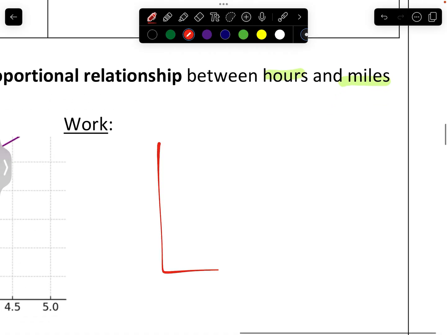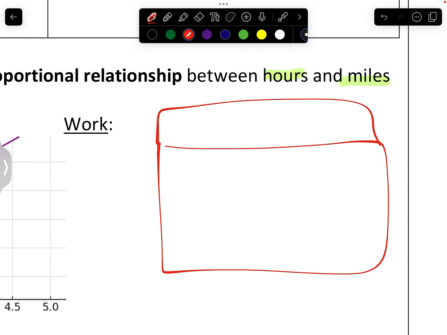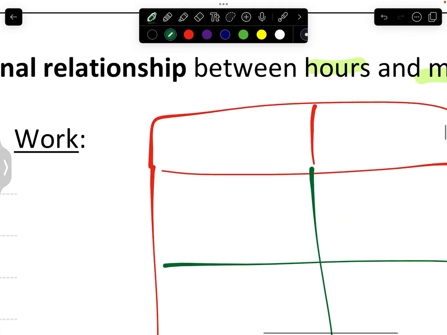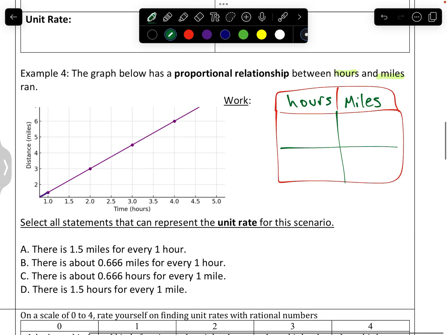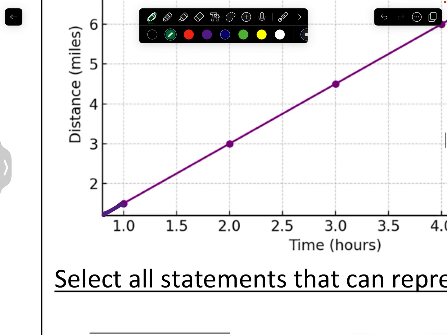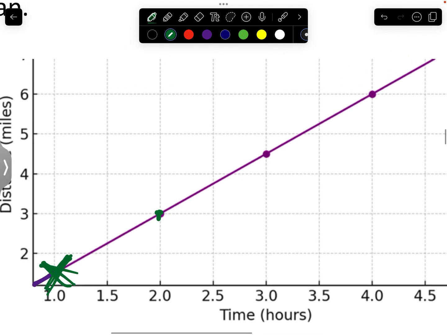So I'm going to do this. So we got hours and miles. Let's pick some points. Now look, I don't want to pick these ones out of nowhere because that's ugly. You want to pick the ones that fall in the corner, like this one here. That's not a good one. If we keep going through, there's another good one, but this one's not a good one.